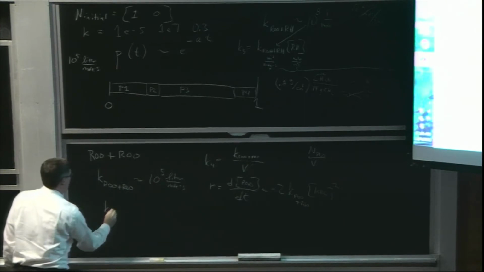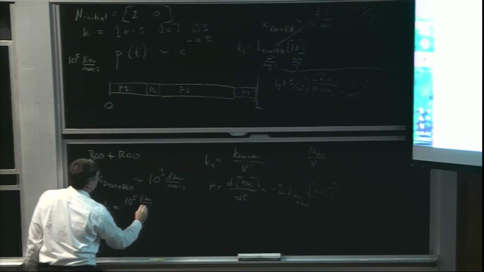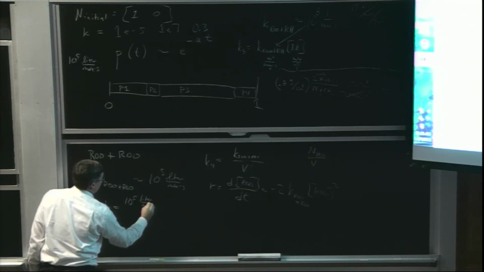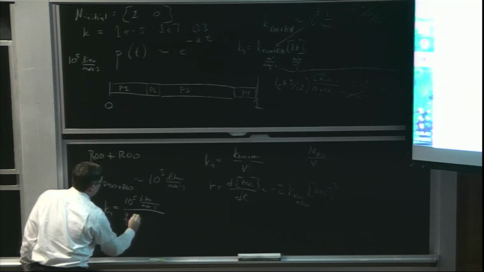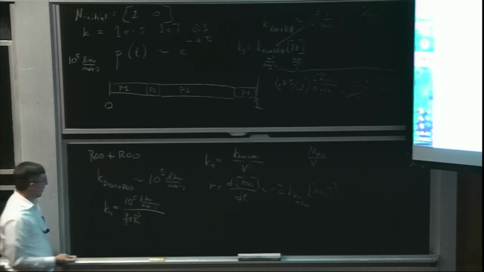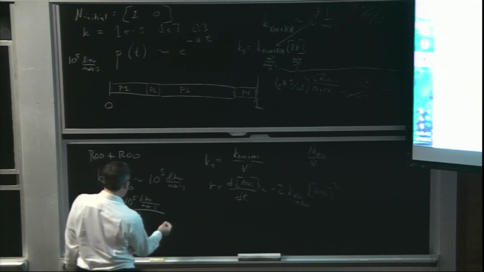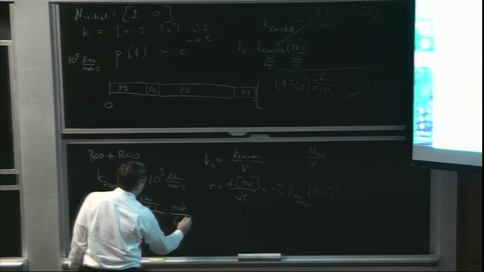K4 should be 10 to the 5th liters per mole second divided by 4/3 pi r cubed. And then we need a mole, 6 times 10 to the 23rd molecules.